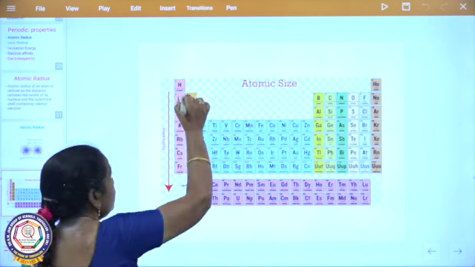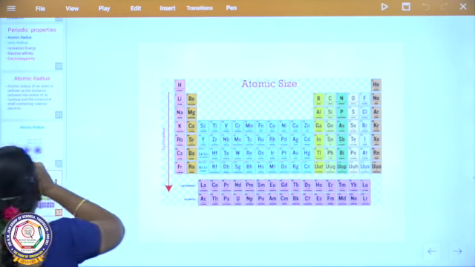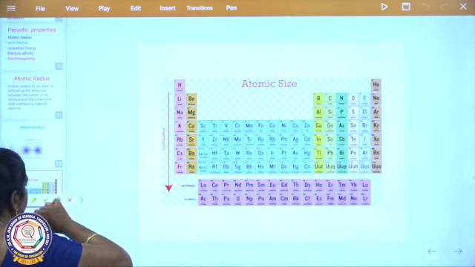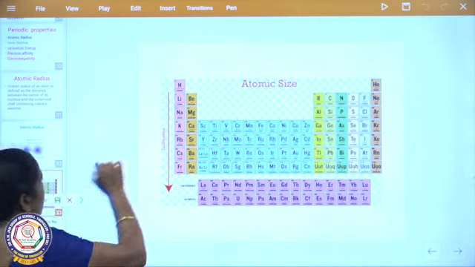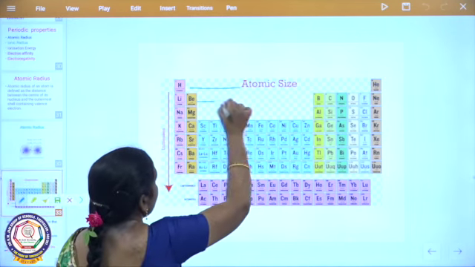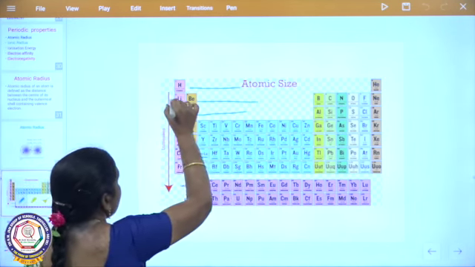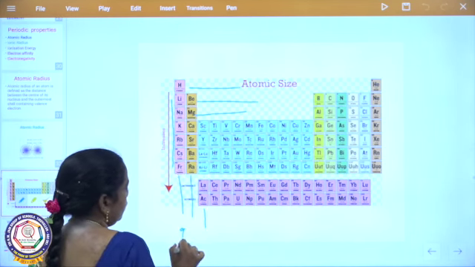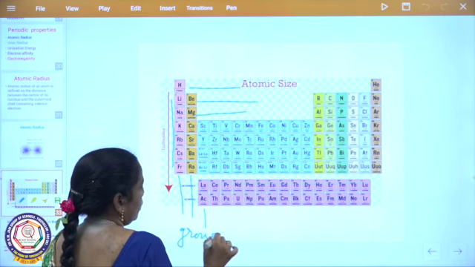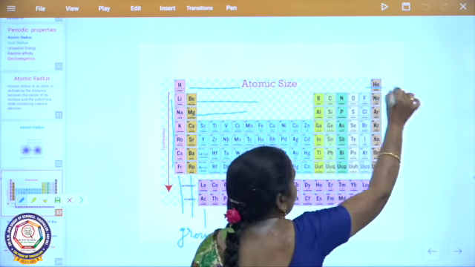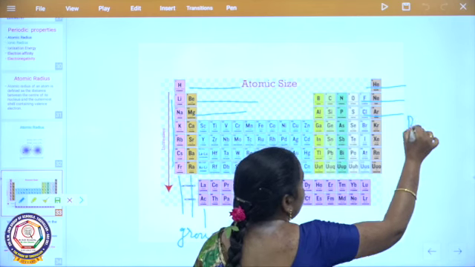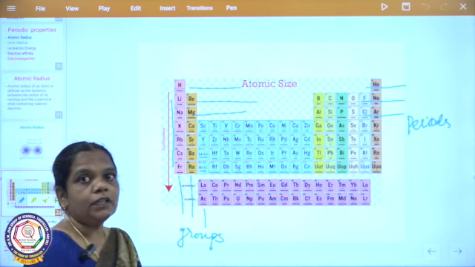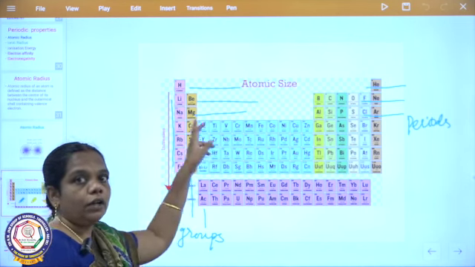The horizontal rows are called periods and the vertical columns are called groups. In both ways, the atoms are arranged in increasing order of atomic number.